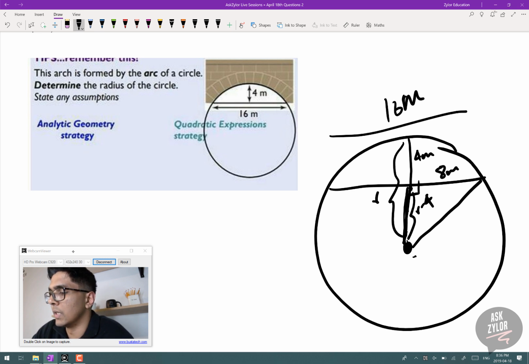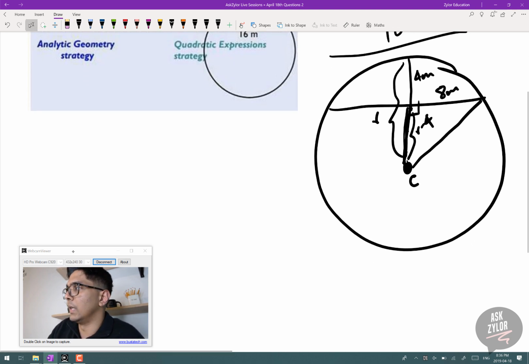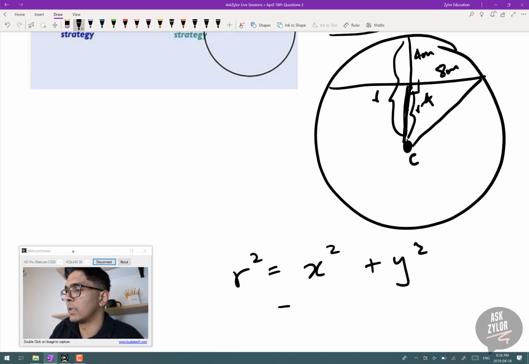Right? I'm going to say this is the center of the circle, and then I'm essentially going to write an equation for my circle. So I have r squared is equal to x squared plus y squared, and my x is going to be this 8. So I have 8 squared plus r minus 4 squared.